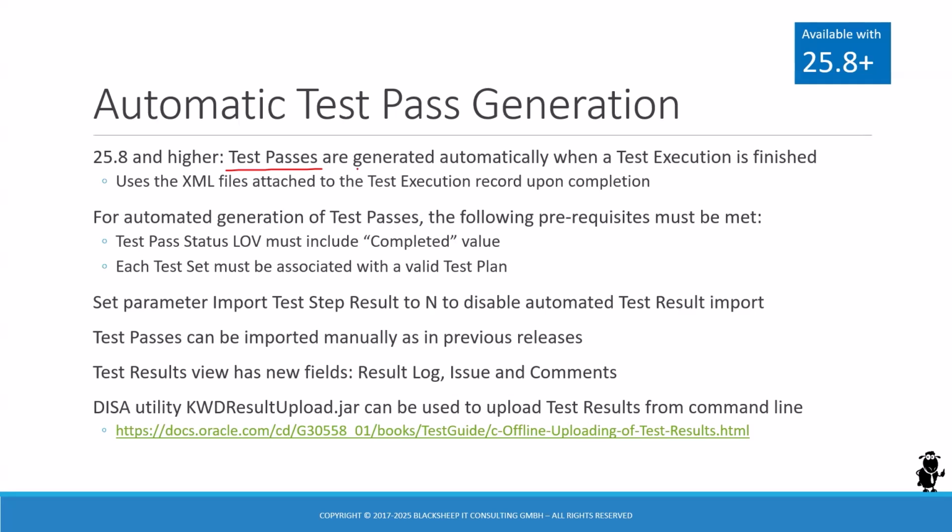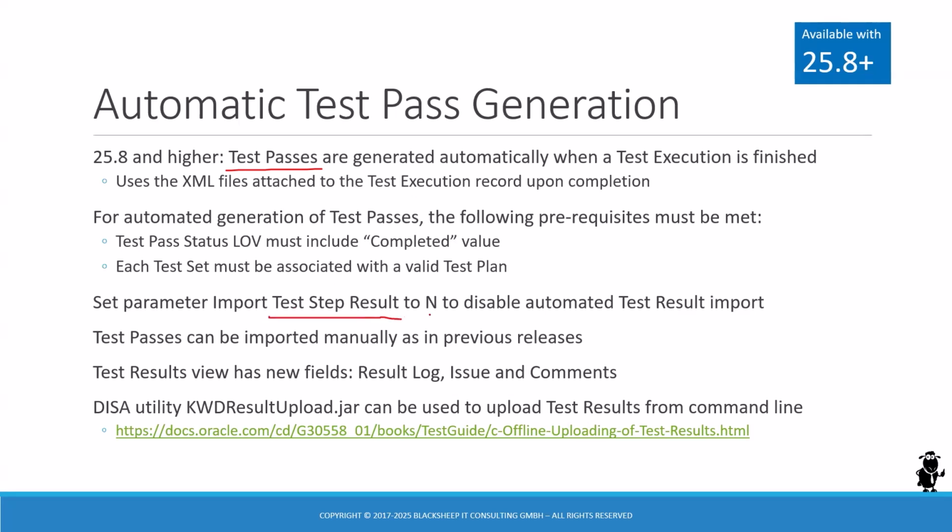It's a manual process. And in 25.8, it's finally no longer a manual process. It's actually automatic and happens every time a test execution is finished. So that test pass generation is now automatic, which is great. And even more so, there's a test result generation, test step result, that's the official name.